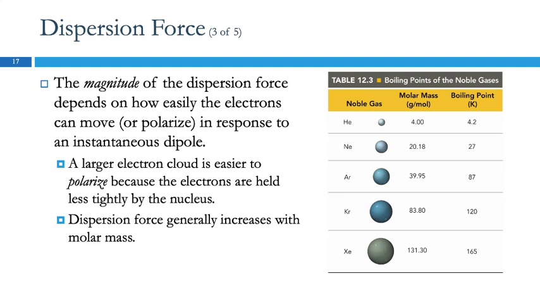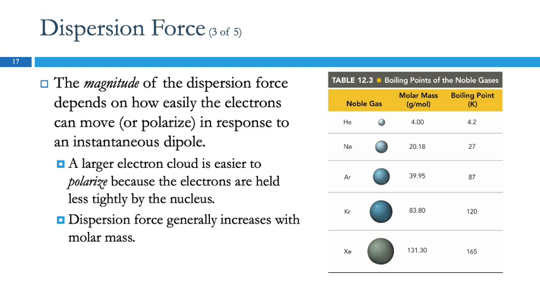You can only do this when you're comparing atoms or molecules that are similar to each other. But here we're comparing noble gases. As we go down from helium to xenon, the noble gas atoms get larger and larger. We can't really measure the dispersion force itself, but we can observe the boiling point of these liquids, which is related to the strength of the dispersion forces.